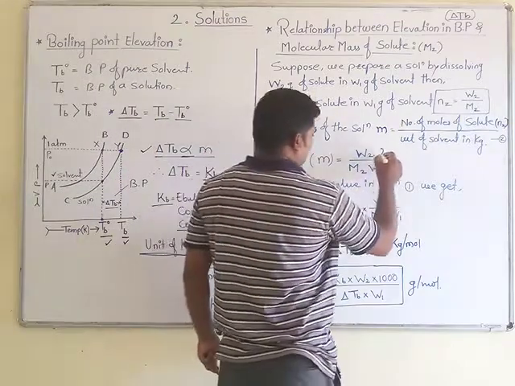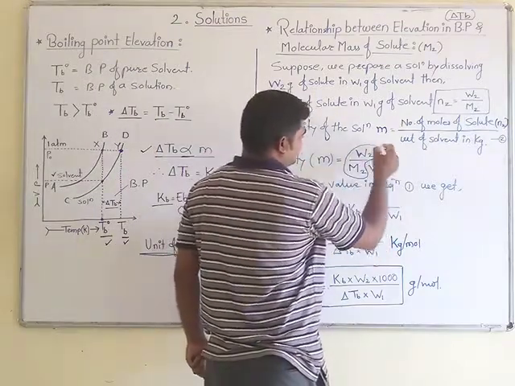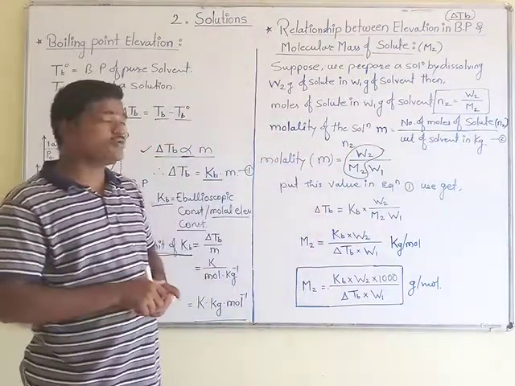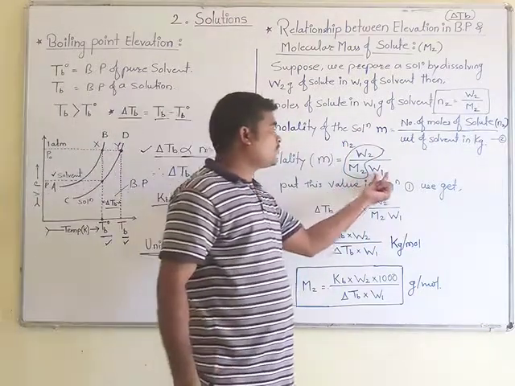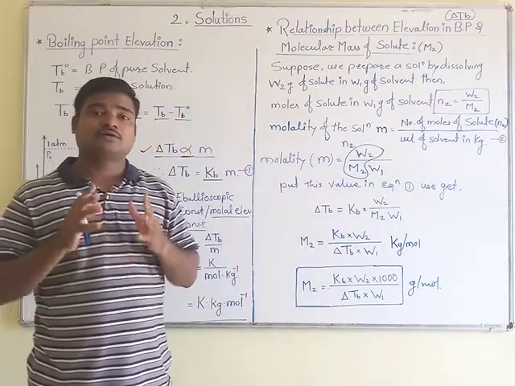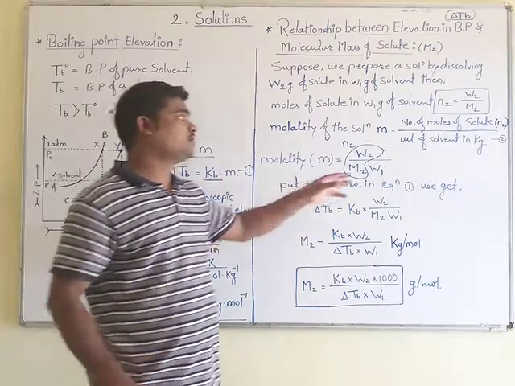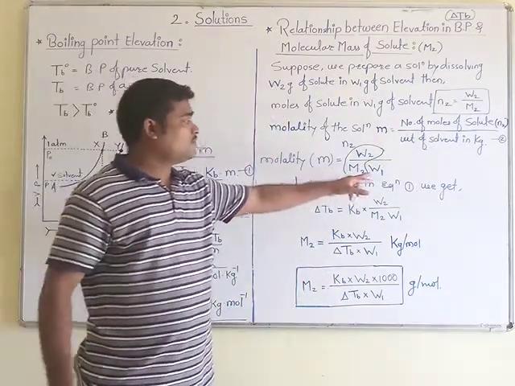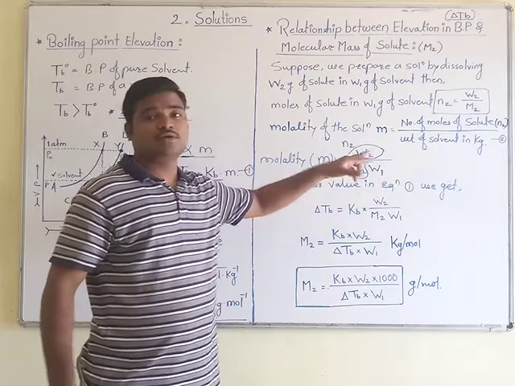Now this term I have already explained: W2 upon M2 is N2, and W1 is the weight of the solvent we have taken in kg. So we are introducing this term W1 here.